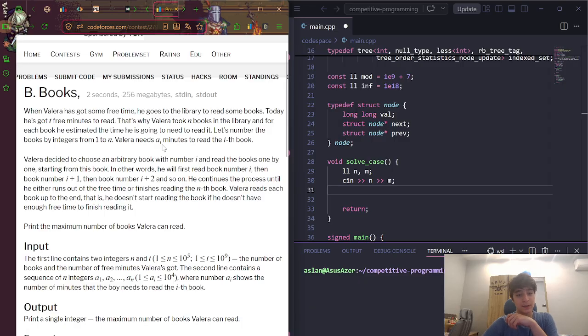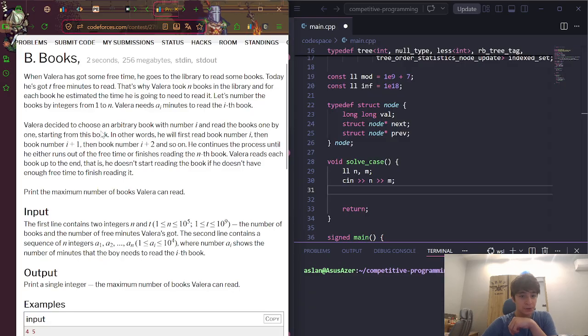Valera needs a_i minutes to read the ith book. Valera decided to choose an arbitrary book with number y, and read the books one by one starting from this book.